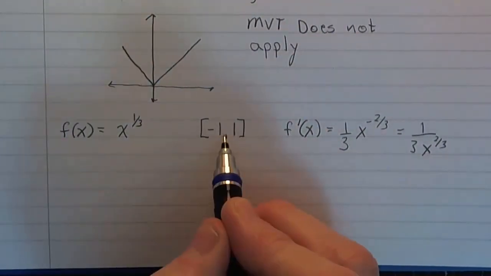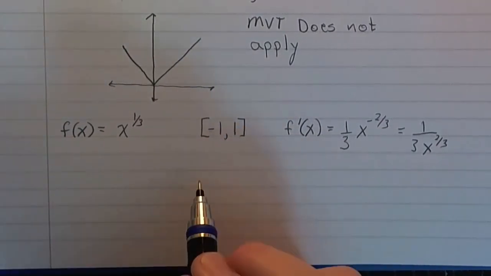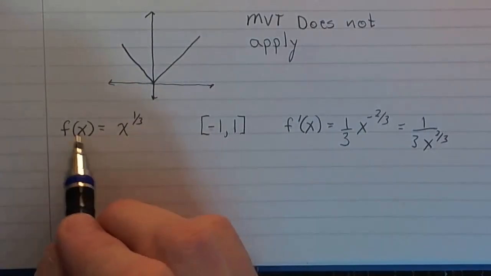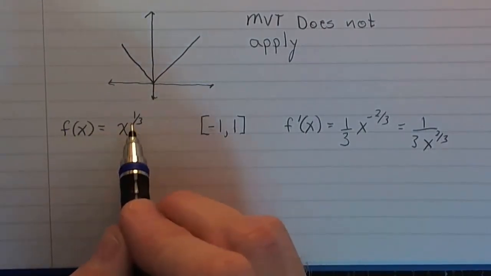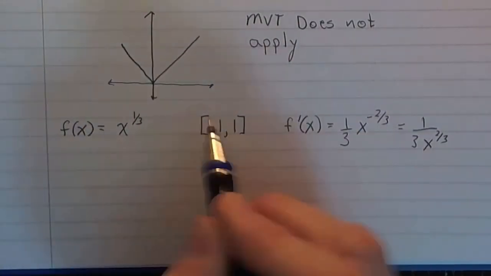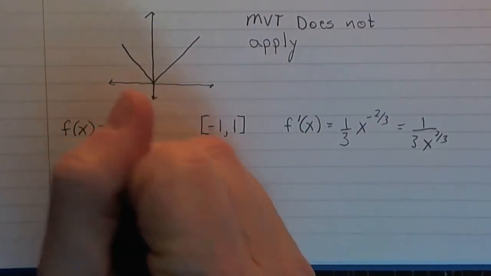Well, 0 is within this closed interval here, right? It's between -1 and 1. So, since f of x equals x to the 1/3, since the derivative does not exist at 0, and 0 is in that interval, the mean value theorem does not apply.